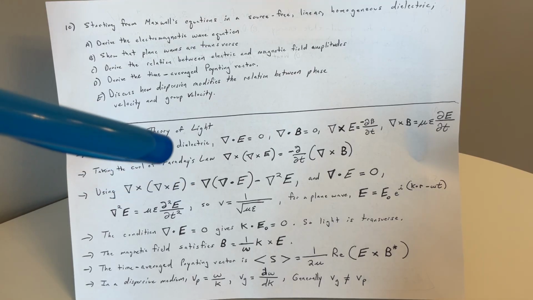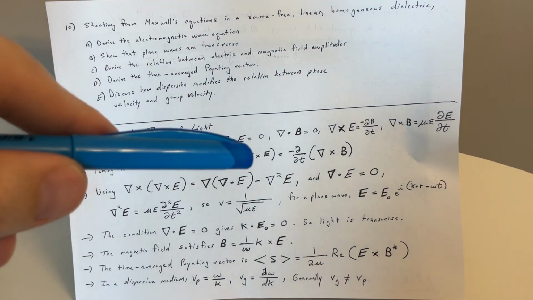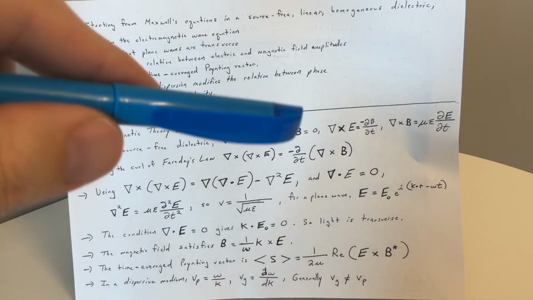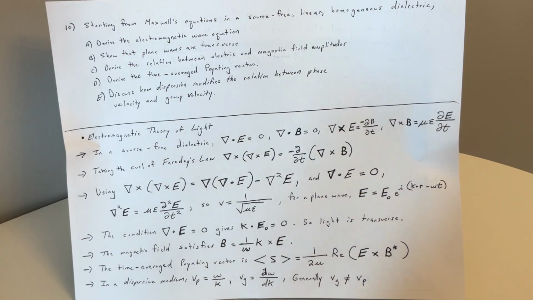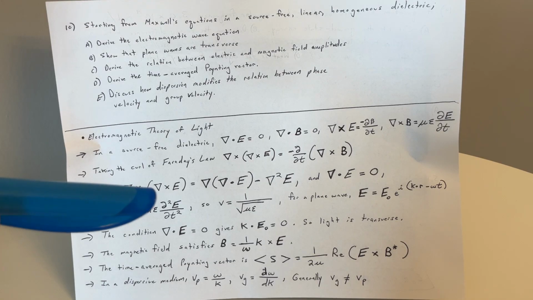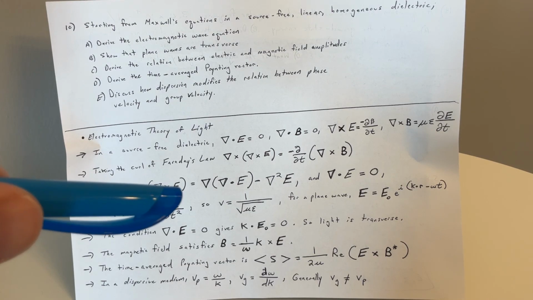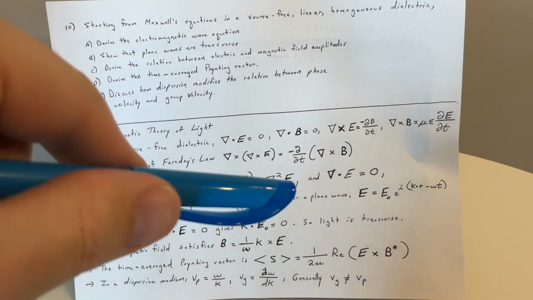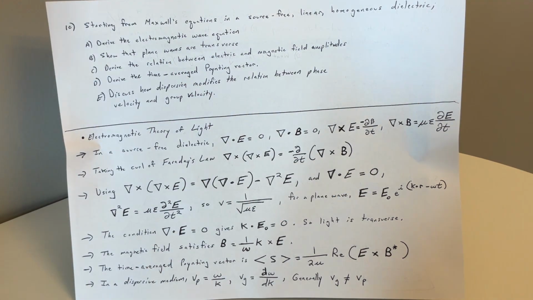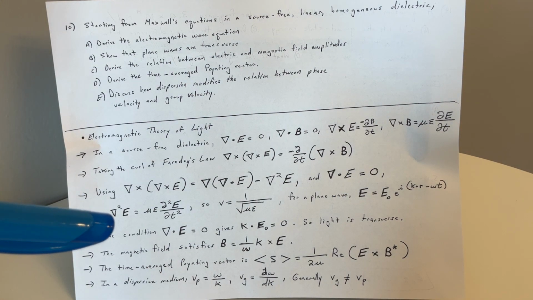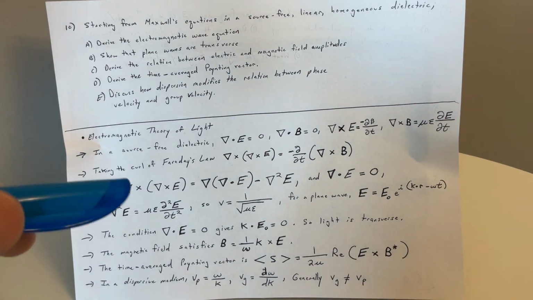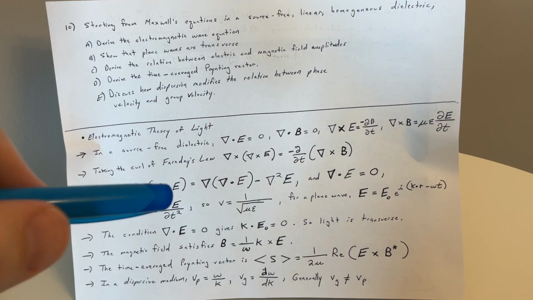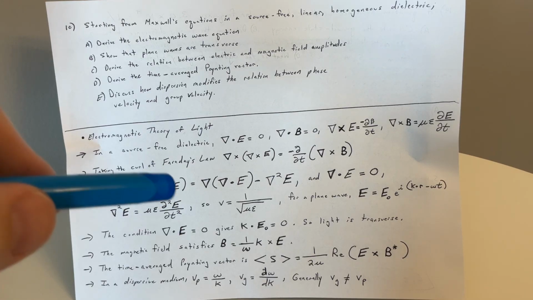If we take the curl of Faraday's law, del cross del cross E equals negative partial d dt of del cross B, and using del cross del cross E equals del del dot E minus del squared E, and del dot E equals 0, we have del squared E equals mu epsilon, second partial derivative of E with respect to t.